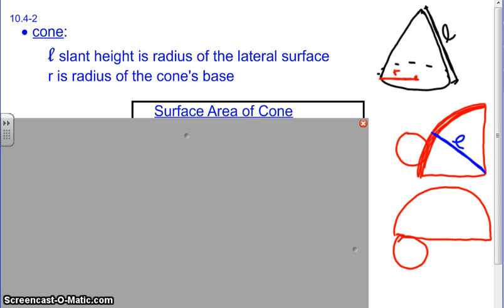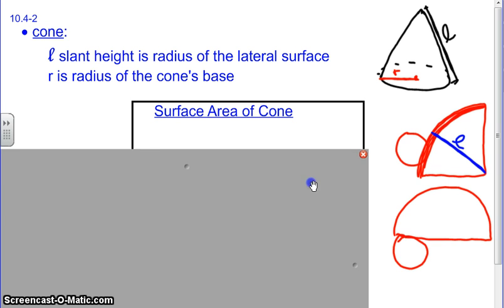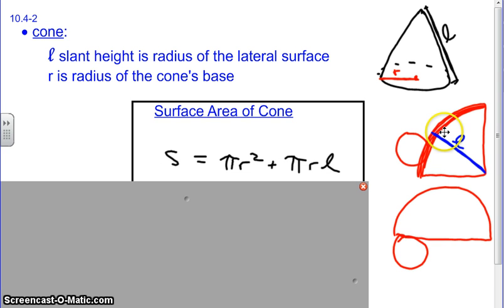So this is an interesting part of the formula. First, we know that we have to find the area of a circle, which is the base. And area of a circle equals pi r squared, right? And then we got to find this lateral part of the cone, which is made up of pi, because you can see it's part of a circle, pi times the actual radius of the cone and times the slant height.